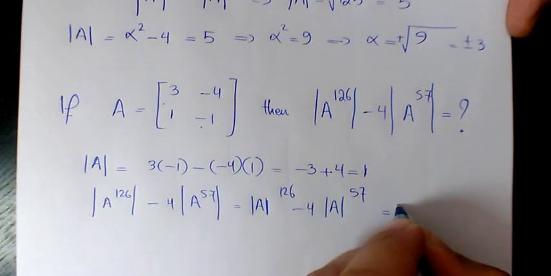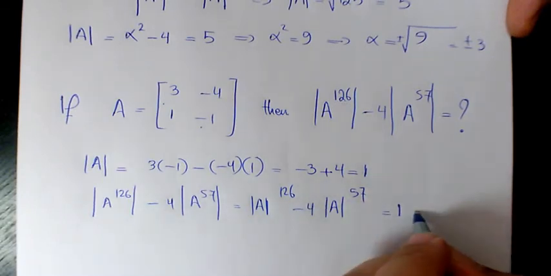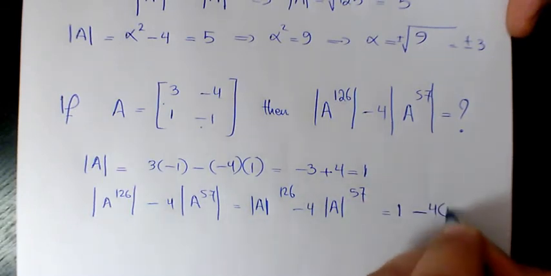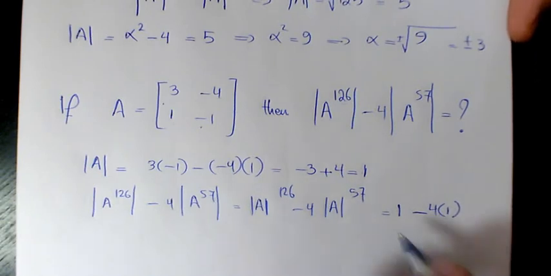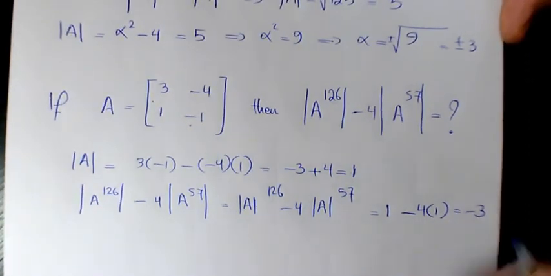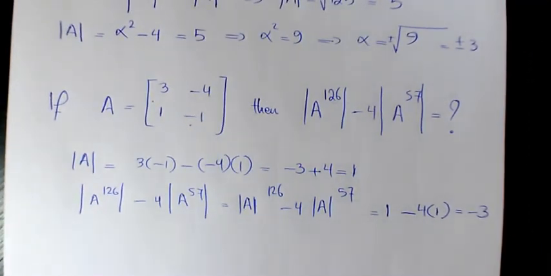In this case, the determinant of A is 3 times negative 1 minus negative 4 times 1. That is negative 3 plus 4, which is 1. So when you substitute it, that's determinant of A to the power of 126 minus 4 times determinant of A to the power of 57, which is 1 to the power of 126, the same thing as 1, and here we have 4 times 1. So 1 minus 4 is negative 3. So that's the final answer.